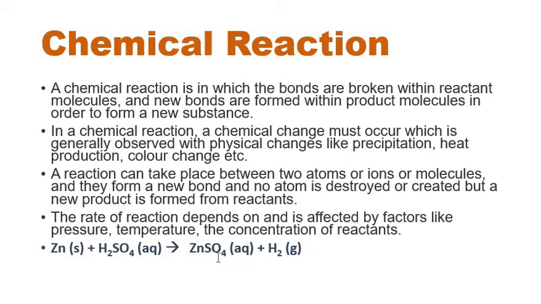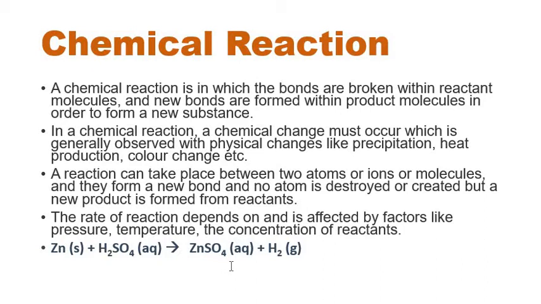The rate of reaction, meaning the speed of reaction, is affected by factors like pressure, temperature, and the concentration of reactants. One more factor which affects the rate of reaction is the presence of a substance called a catalyst. A catalyst enhances the rate of reaction.